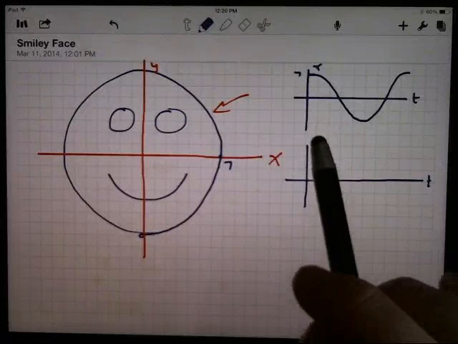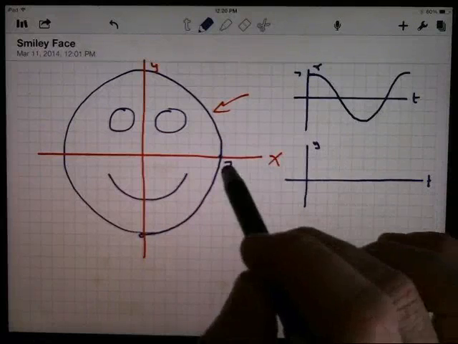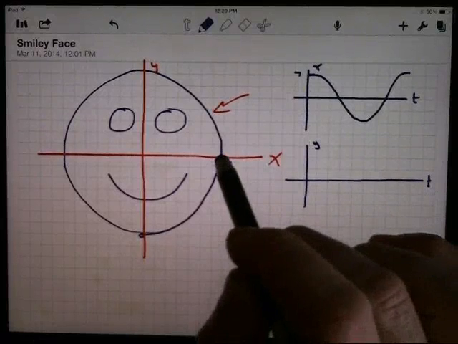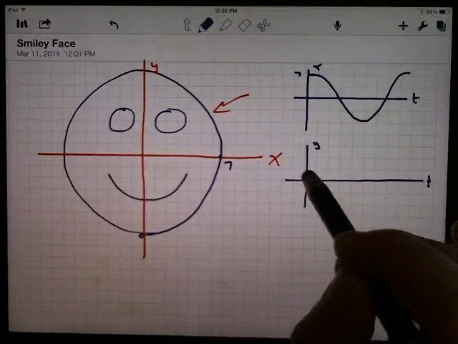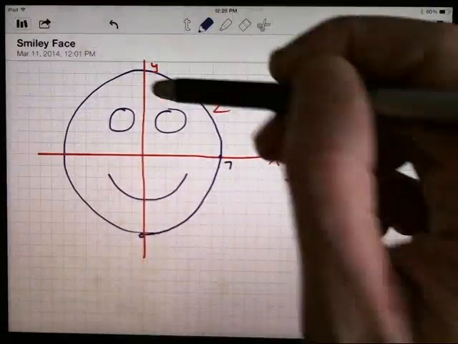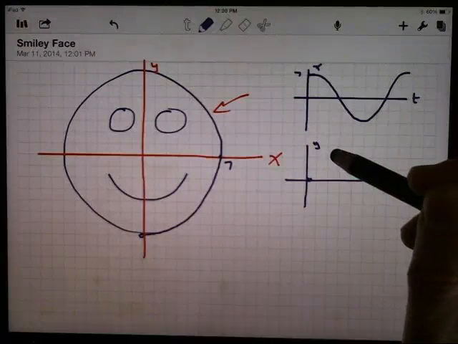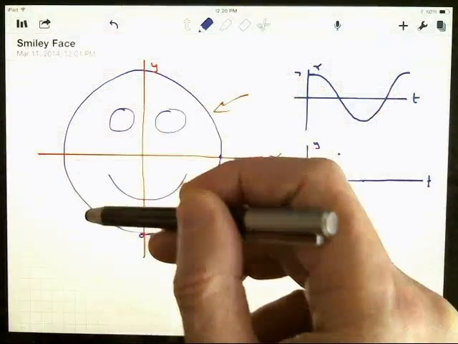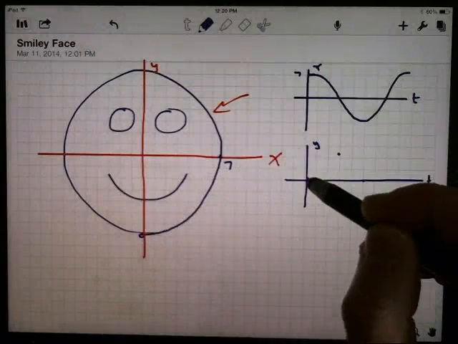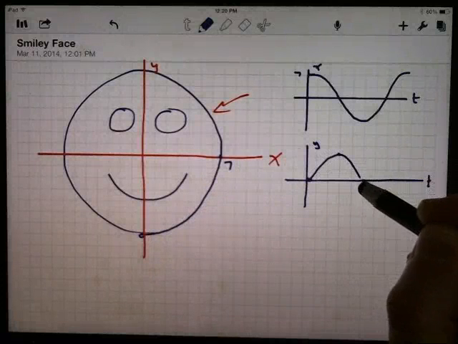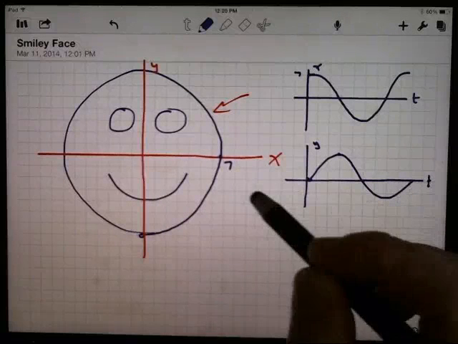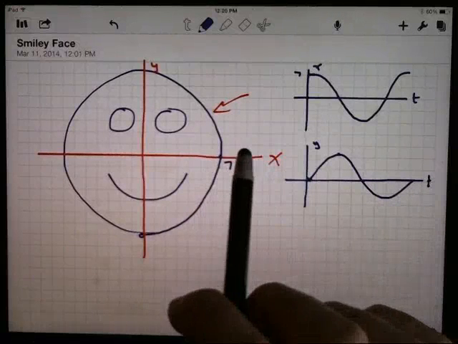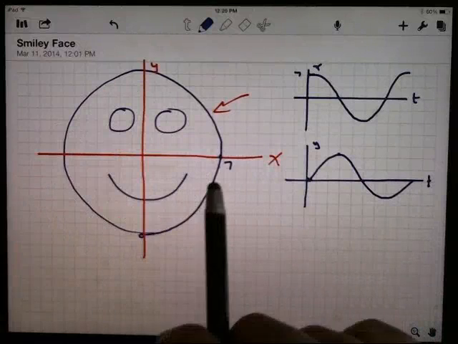Right? Now, what does the y-coordinate do? Well, at the same time the x-coordinate did that, the y-coordinate started at 0, climbs up to 7, comes back down to 0, goes down to -7, and back to 0 again. So the sideways part was 7 to -7, back to 7.